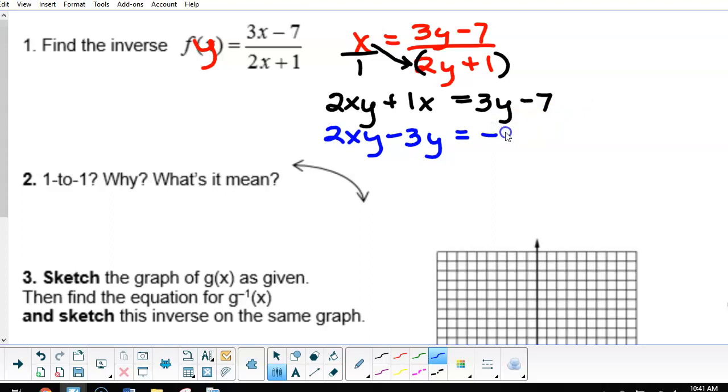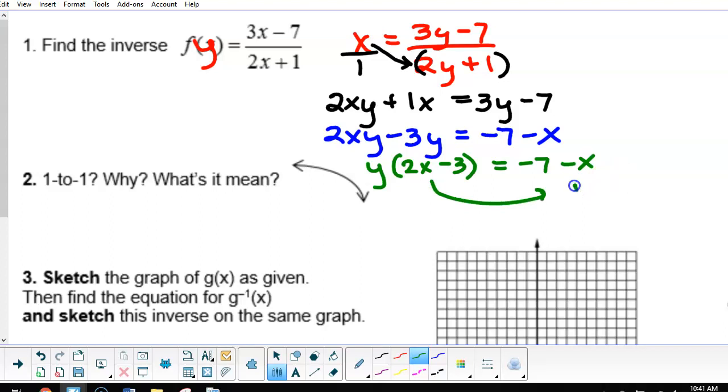So whether we write negative 7 minus x or negative 1x minus 7, whatever order, then anyone next step? Factor out a y. And then divide this, so we end up with y equals negative 7 minus x all over 2x minus 3.